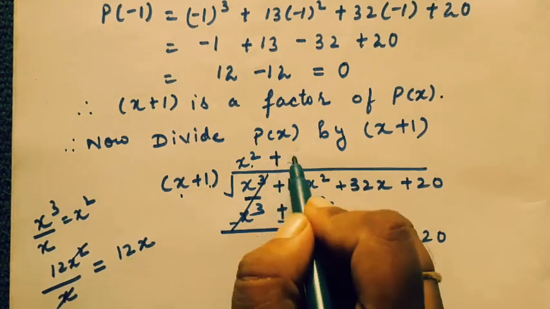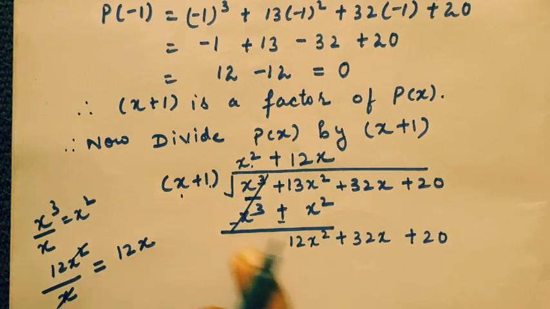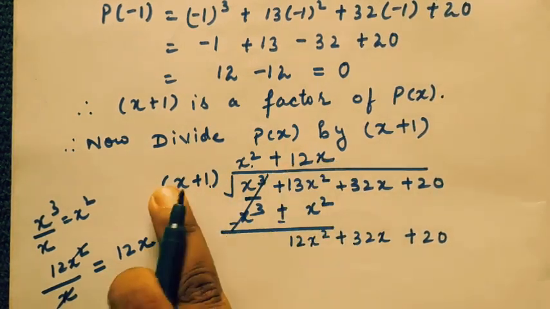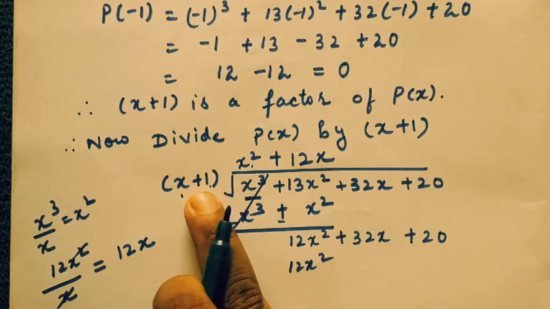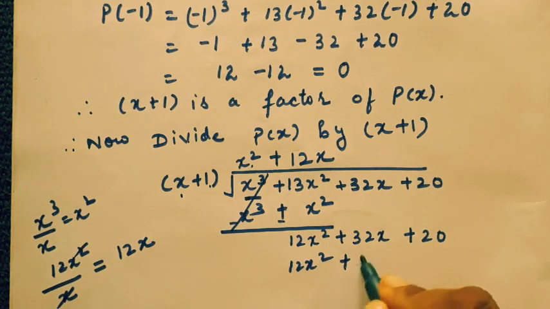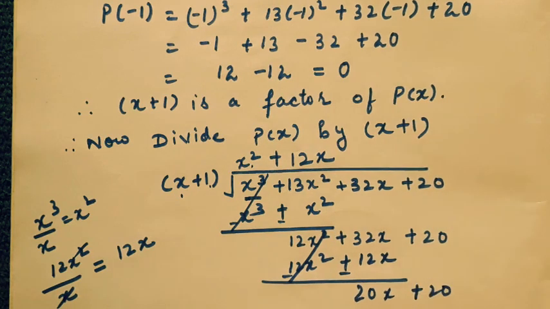So I will add here 12x, and this 12x will be multiplied by this to get the polynomial. 12x into x is 12x square, and 12x into 1 is 12x. Again the sign will change, this will cancel out. 32 minus 12 is 20x plus 20.